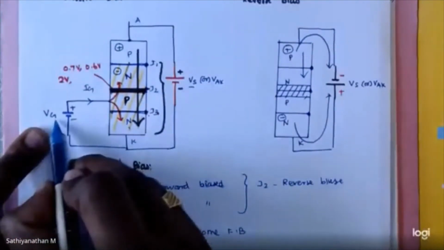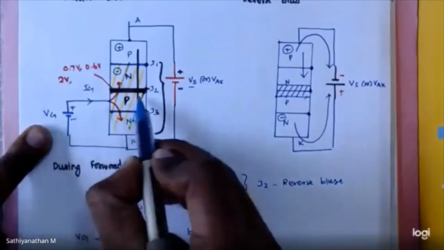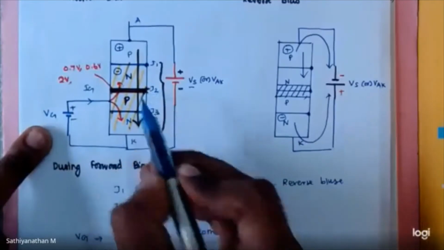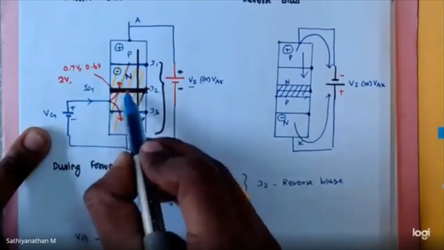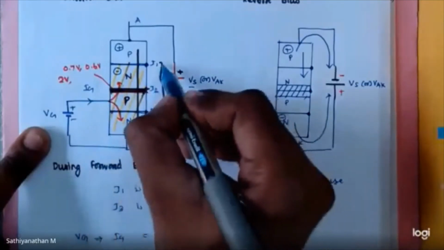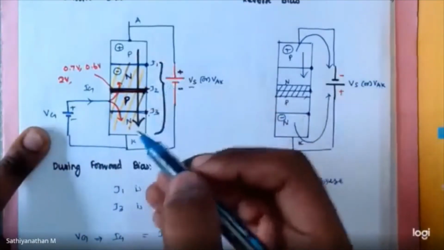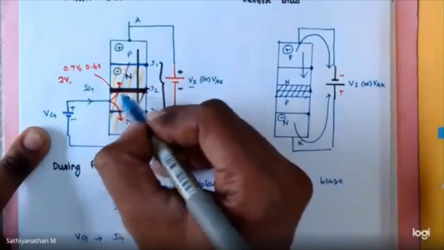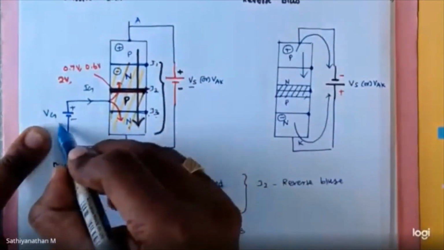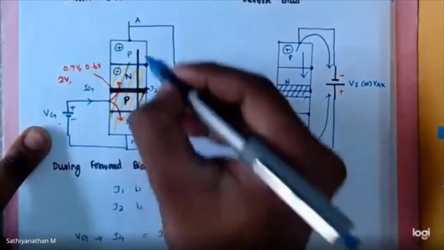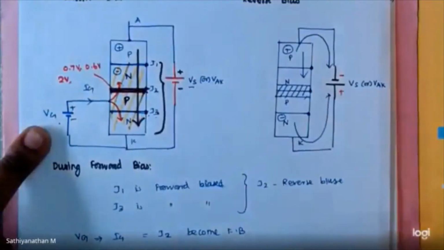If this gate voltage is greater than the barrier voltage of this device, it allows the electrons and holes to flow in this layer. So it makes the device conduct, because the electron flow will happen across J2 as well as J3 because of the external gate voltage. The device starts to conduct.